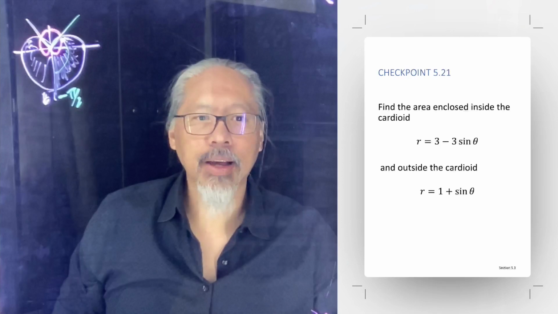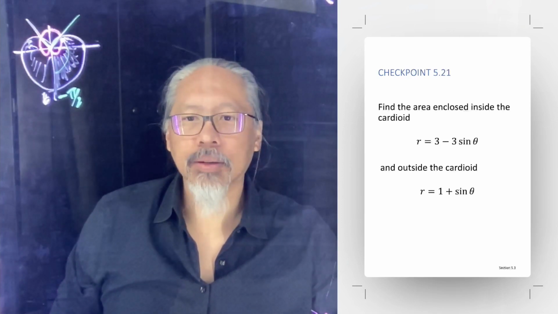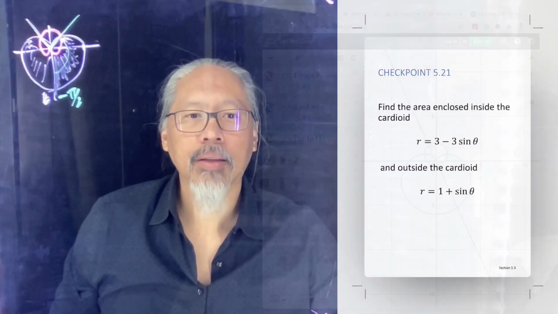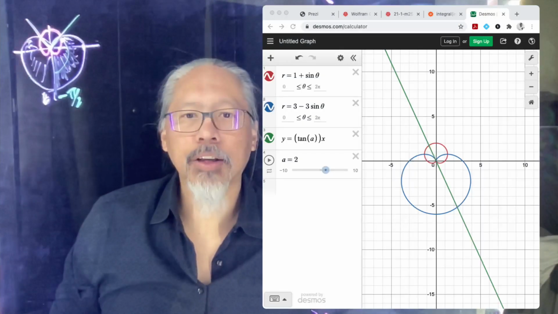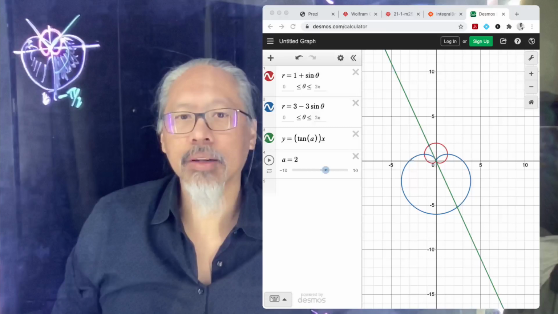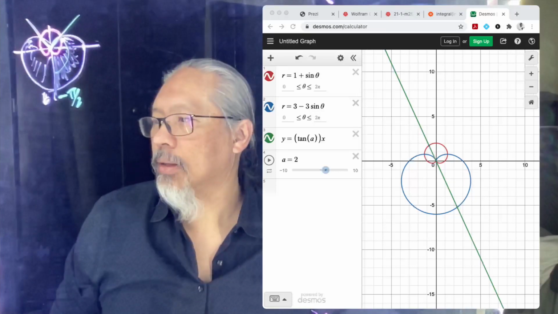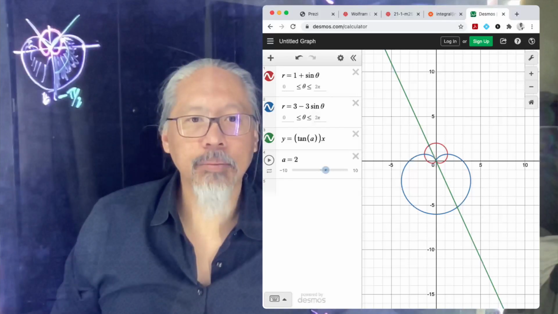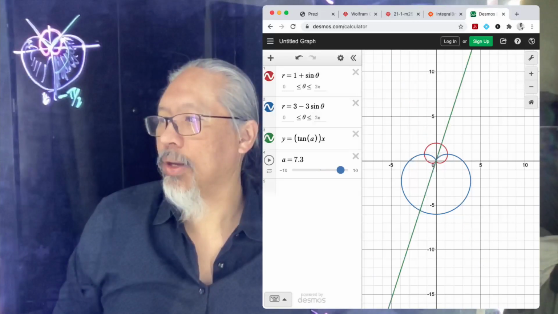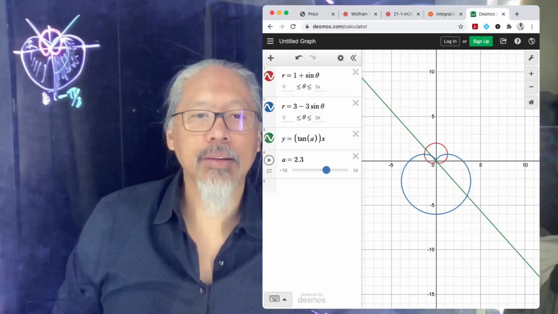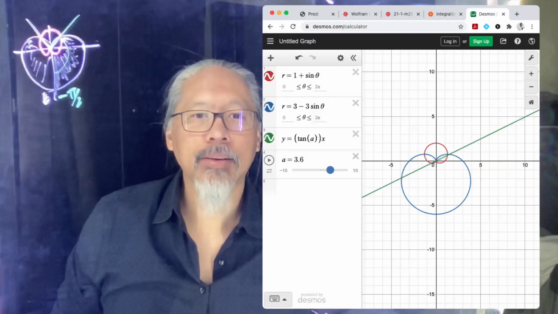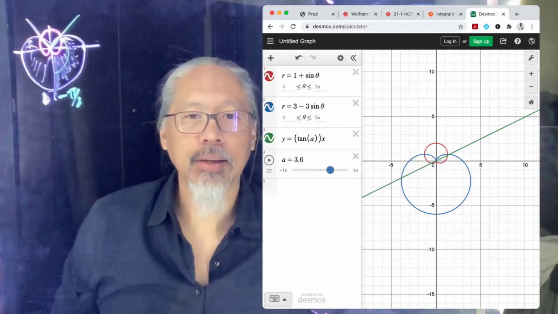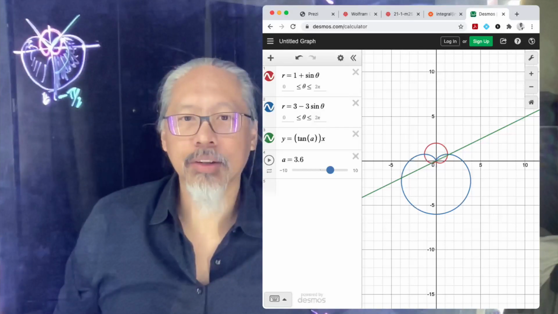I have a graph of that in Desmos, so let's take a quick look. I have a slider for A, the angle theta that we're looking at. By the way, that's a neat way of drawing out the angle theta equal to something for different values of r.